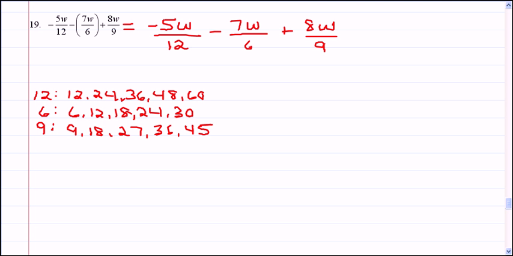And if I look at my list, I don't have a match between all 3 rows, but if I add one more number to 6's list, I get 36, which is in all 3 rows. So my least common denominator is 36.